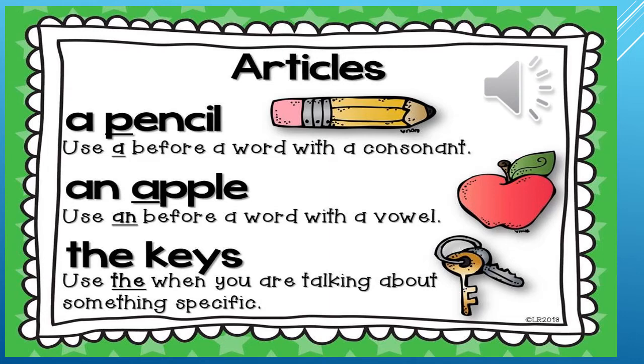The keys. We use the when you are talking about something specific. So if we see 10 apples and teacher asks, please give me the biggest apple, I want you to find me only one apple. I'm talking about a specific one that is the biggest.